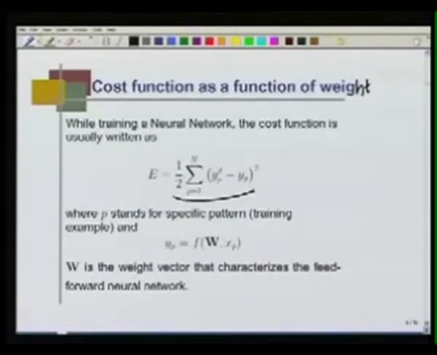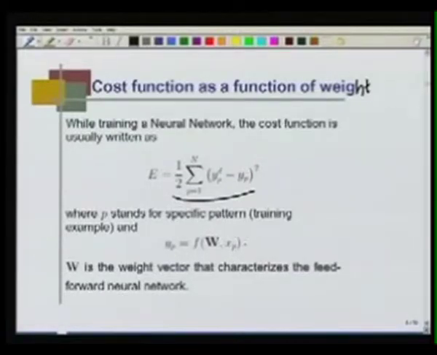And here, if you look at what YP is, this YP is the output of the neural network, and YP is a function of the neural network weight, and XP is the neural network input.